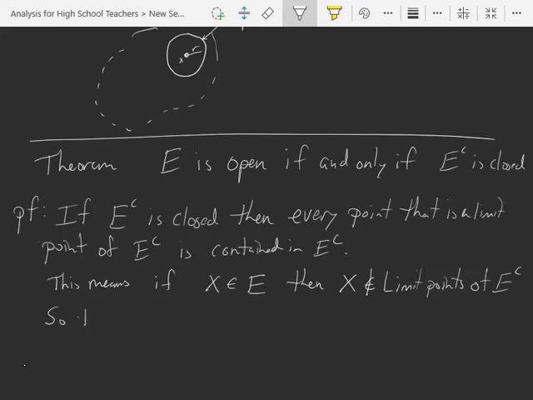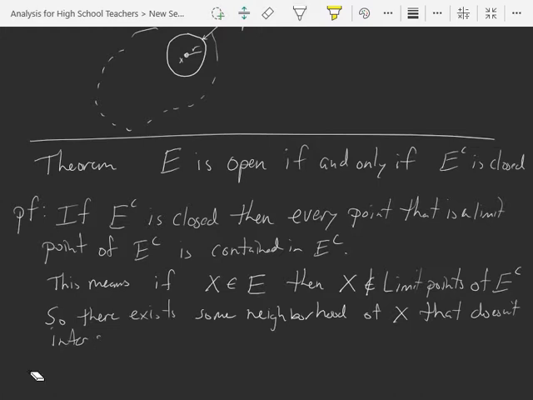So there exists some neighborhood of x that doesn't intersect E complement, right?